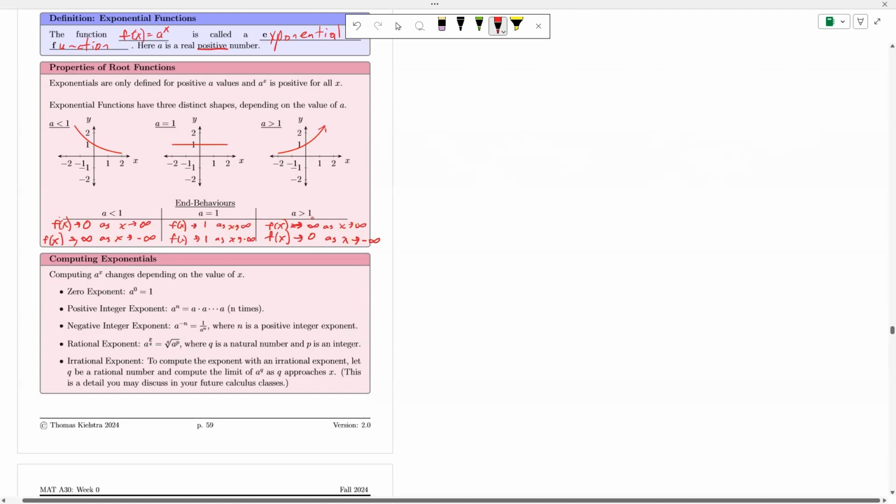Now, computing a to the x changes depending on the value of x. For the 0 exponent, a to the 0 will always be 1. This is true for all a greater than 0.